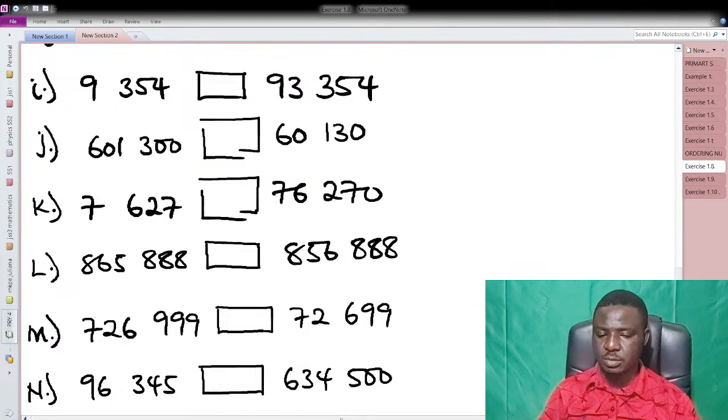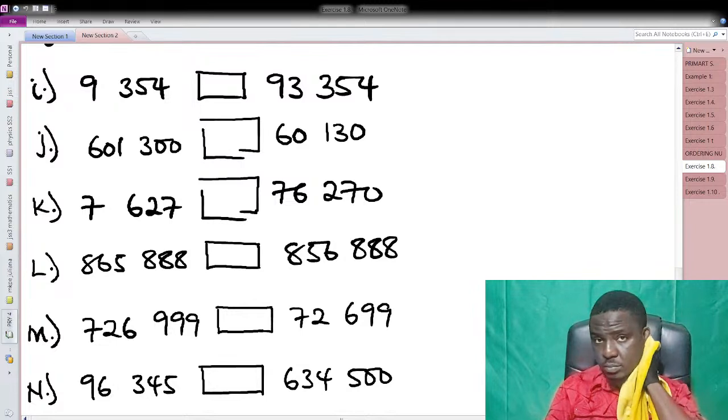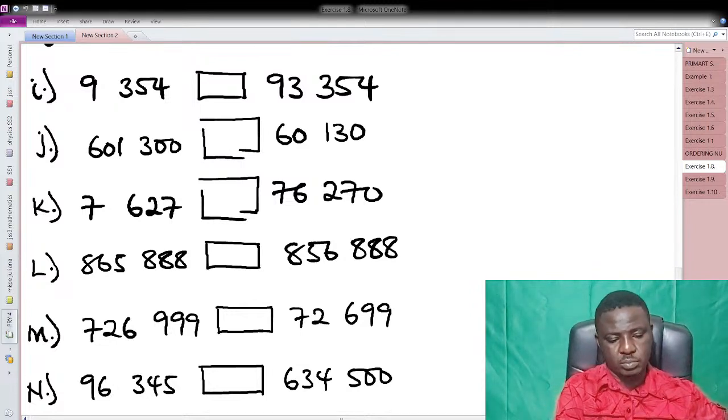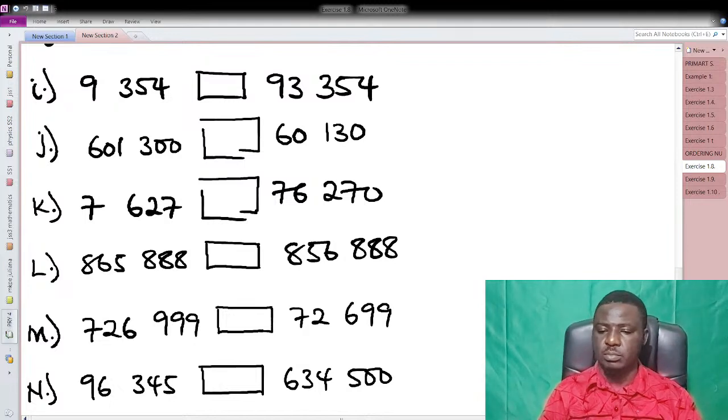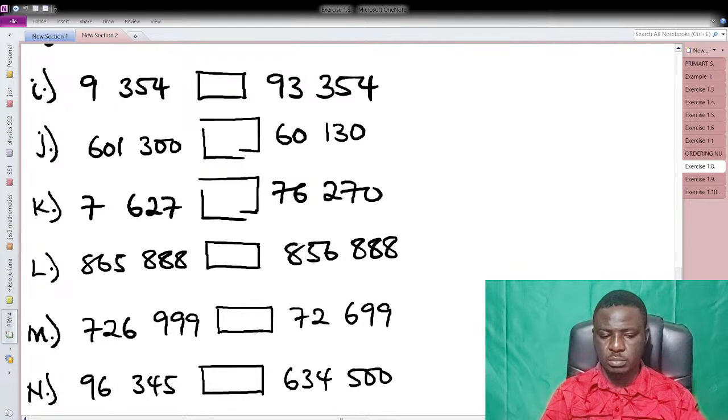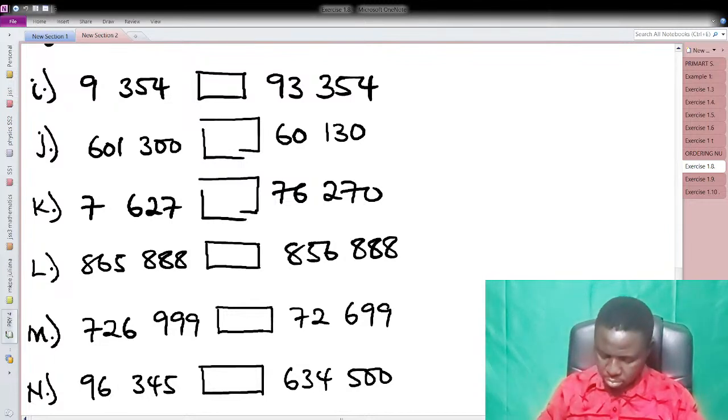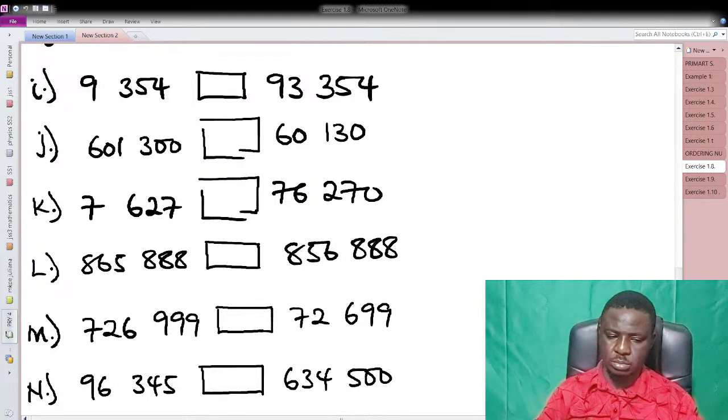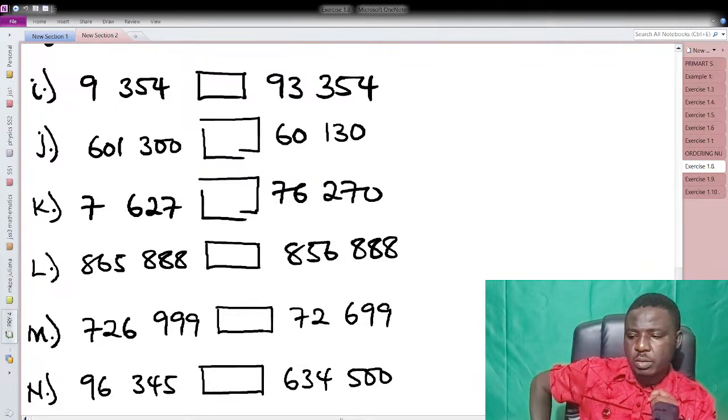So it should be greater than, not less than. M, you said is greater than, correct? So you're left with N.